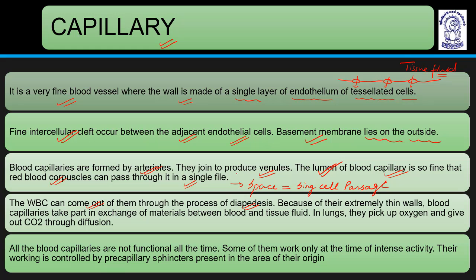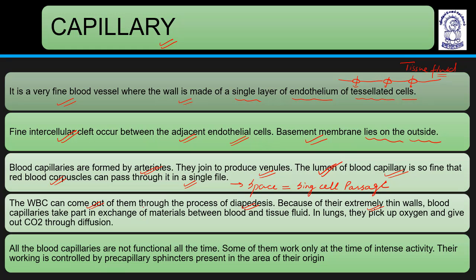Diapedesis means marginal movement. The white blood corpuscles can come out through these capillaries through diapedesis, because of their extremely thin walls. As blood capillaries have extremely thin walls, the WBCs can easily cross through the membrane.